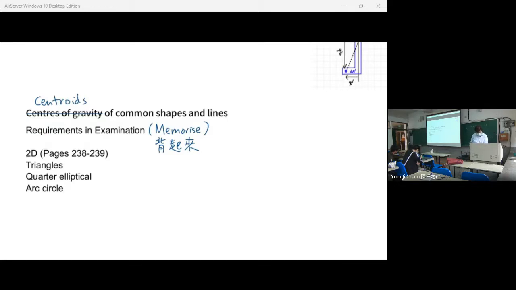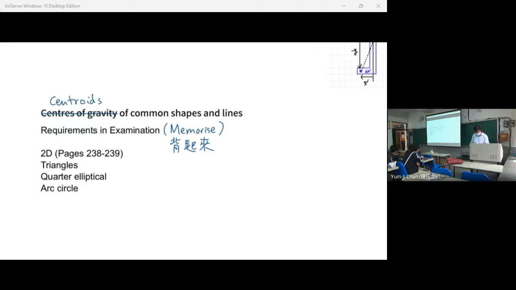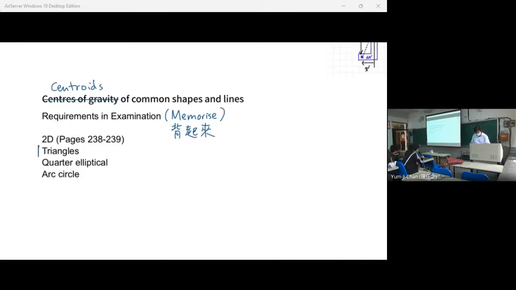For 2D shapes, it includes a triangle, a quarter circle, and an arc circle. These are on pages 239 and 240.